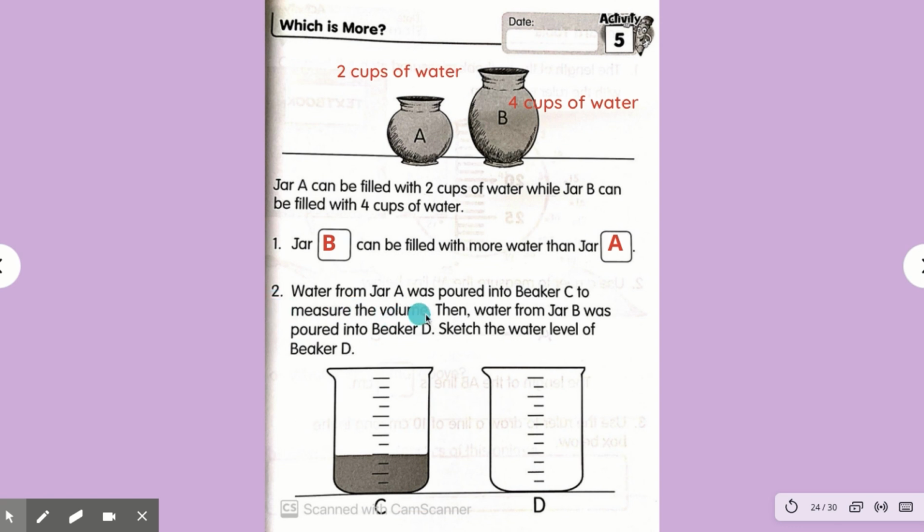Now, look at question number 2. Water from jar A was poured into beaker C to measure the volume.